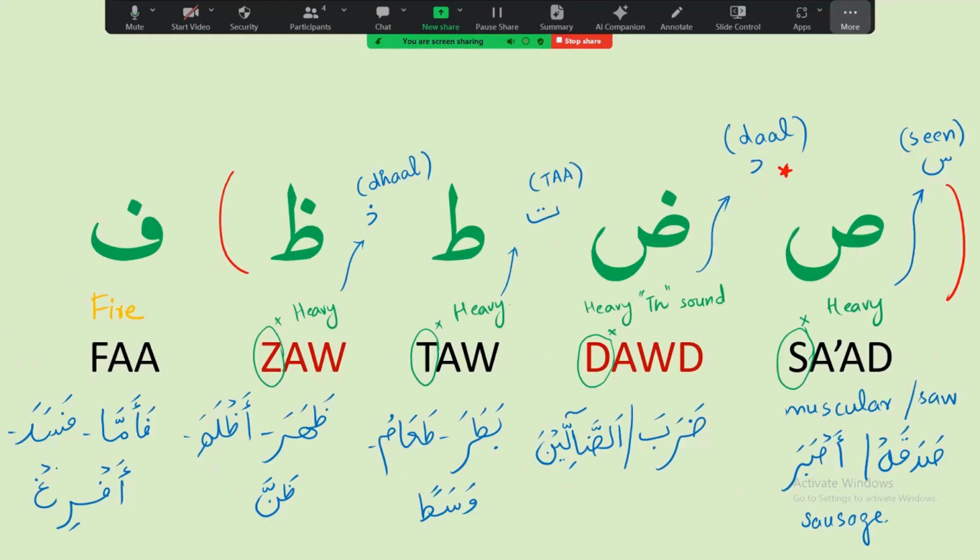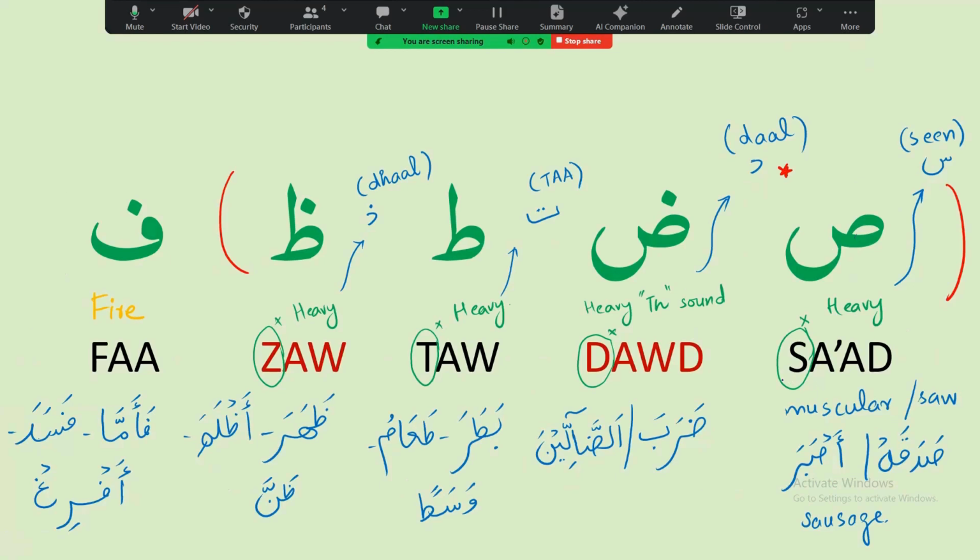Okay, so the first letter for today is the sad letter. About this alphabet, let me just take my pen. The sound of this is like sa, si, su, and the name is sad.